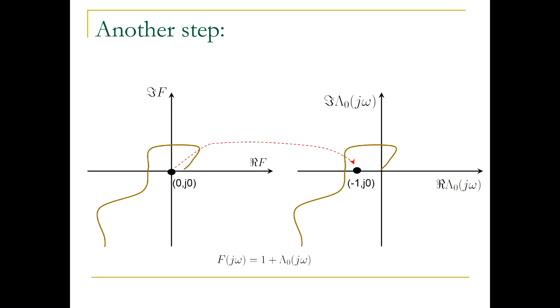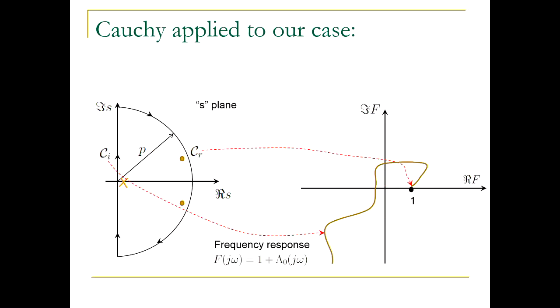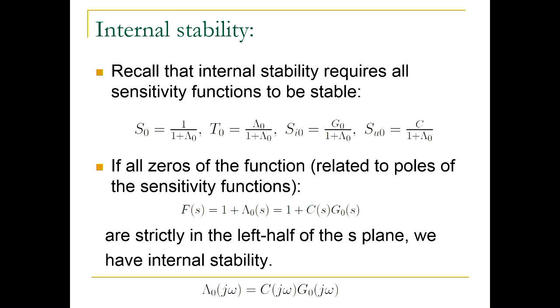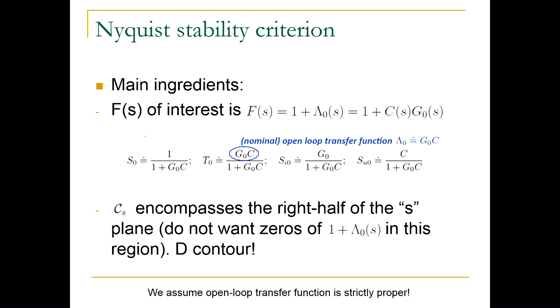When you look at these guys here, note that all of these had 1 plus lambda 0. Sensitivity is 1 divided by 1 plus lambda 0, and complementary sensitivity is lambda 0 divided by 1 plus lambda 0.